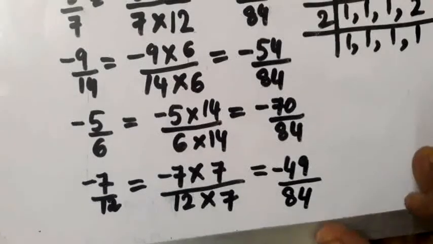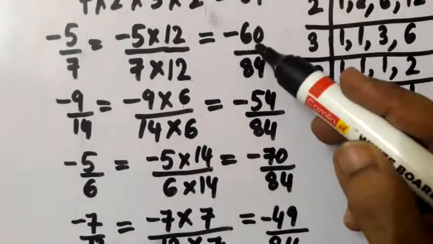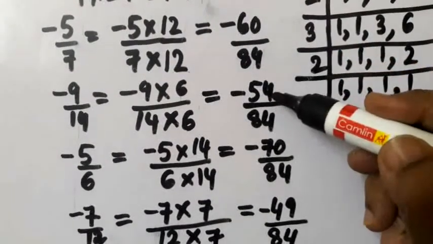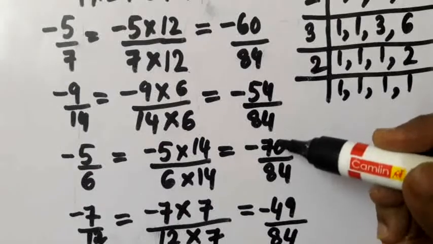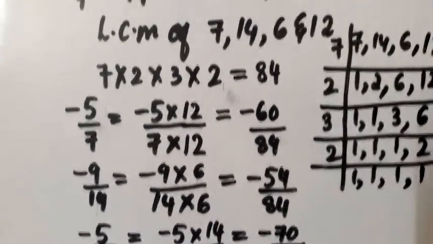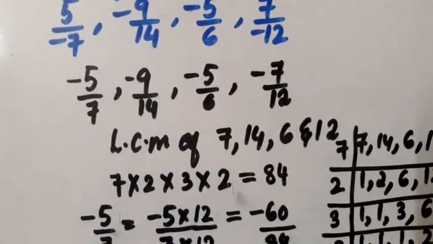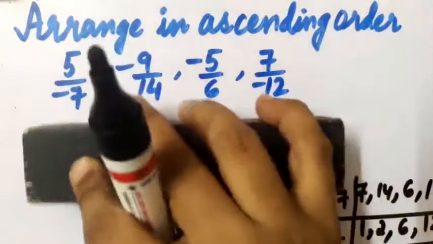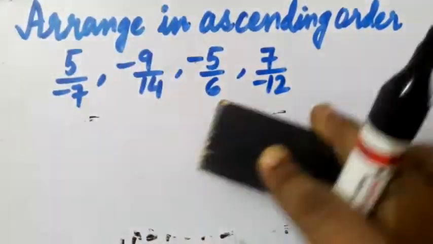So this is how you got the rational numbers: first is minus 60 by 84, second is minus 54 by 84, then minus 70 by 84, then minus 49 by 84. Now let us compare whatever you got.